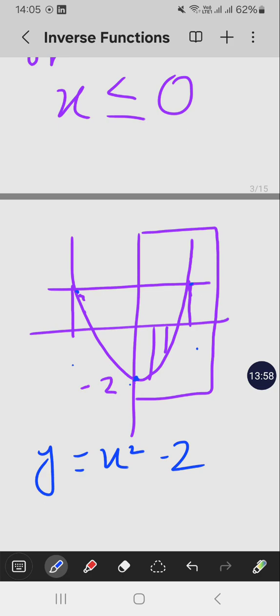And for this function to have an inverse, this output shouldn't be the same for two inputs. So we restrict the inputs. Either we take the right hand side of the parabola, like the one in the box here, or we take the left side of this parabola, which is not in the box. And then we can have an inverse for the function when we restrict the domain of our original function.